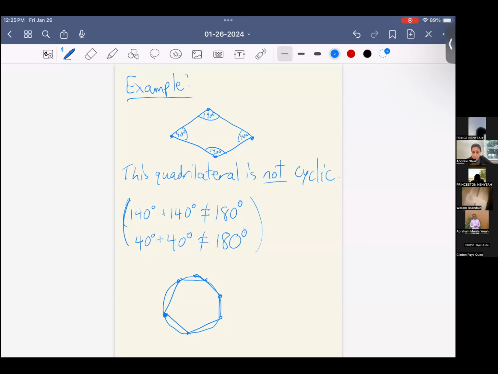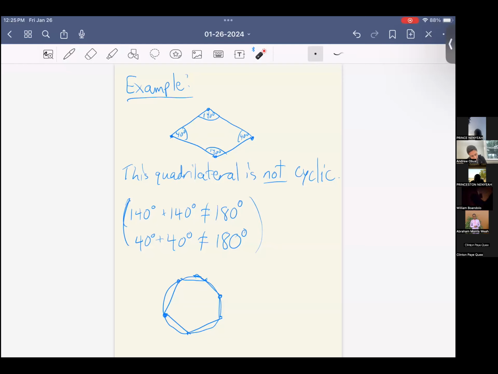So can we also consider the argument of opposite angles as well? Well, opposite angles also, but you need to be a little bit more careful. So with a hexagon, for instance, it's not good enough to just have the opposite angles because their arcs don't form the whole circle. There's going to be some overlap here.